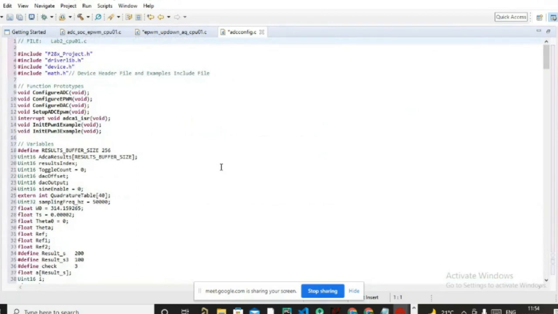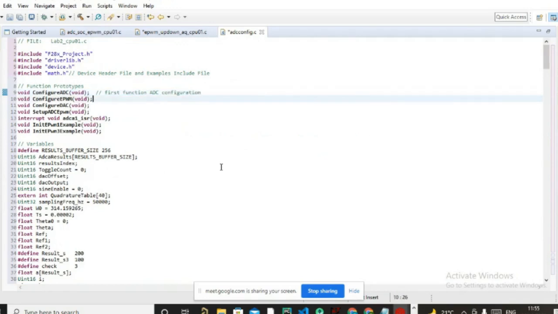You can see I have defined certain functions. In order to configure your ADC, you need two main functions. This is the first function that you need to have. In this function you are configuring the ADC: whatever basic signals of your ADC, like which channel to select and which start of conversion signal to select, will be in this function, void configure ADC. It is a predefined function and you have to configure your ADC in this function only.